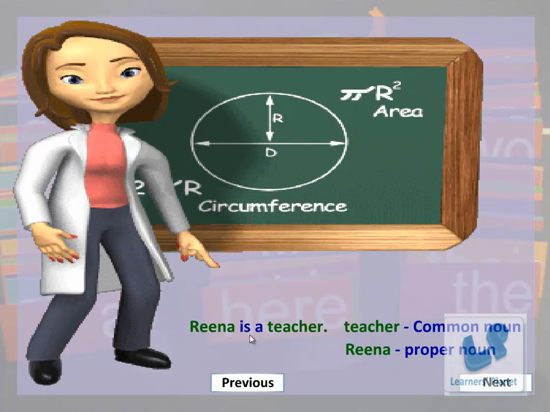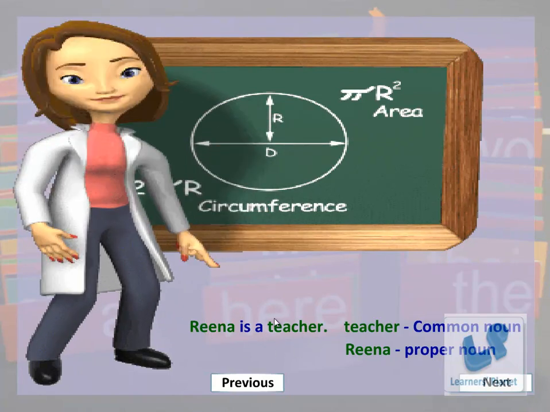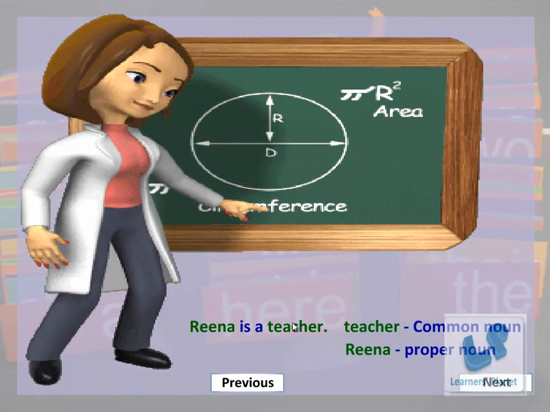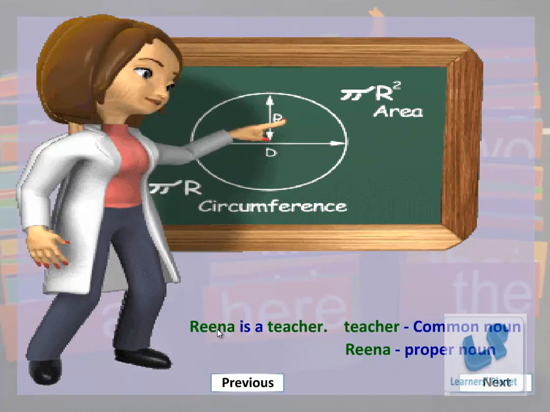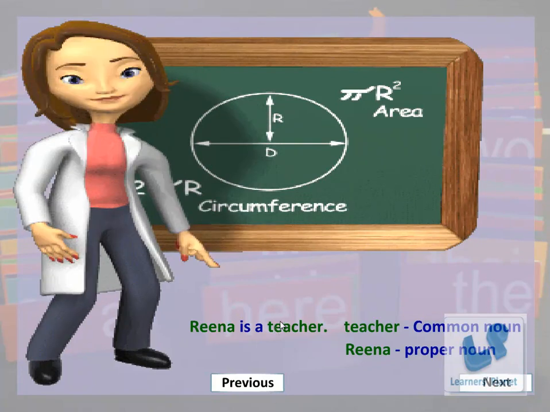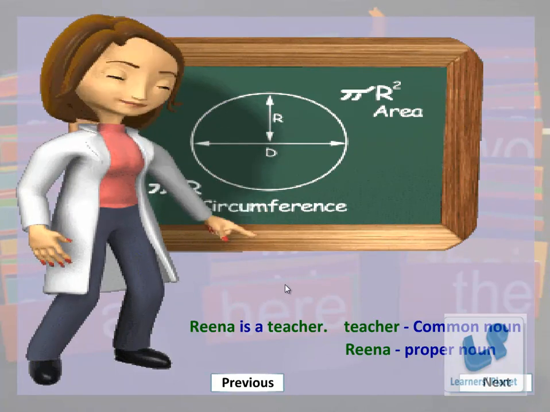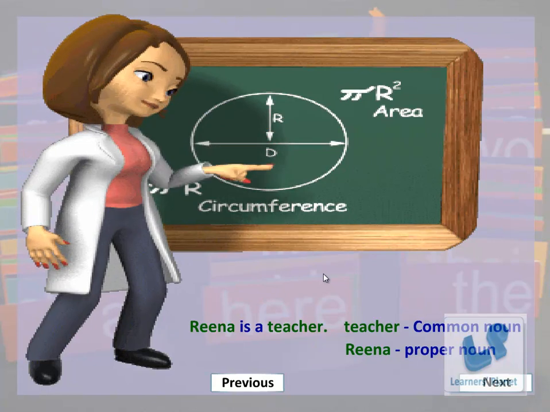Reena is a teacher. So now in this sentence, common noun and proper noun both are used together. Reena is the name of the teacher. That's why it's a proper noun. And teacher is a common noun because it generally talks about those persons who teach children or teach students.